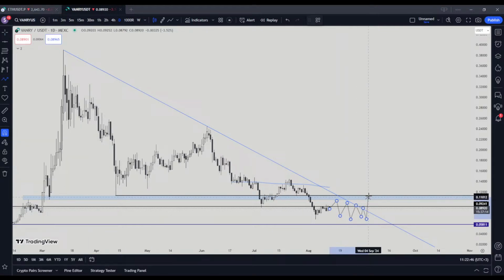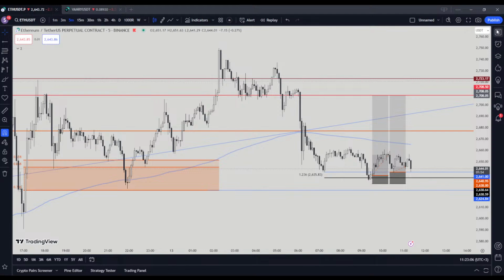Well, rejecting, fake out, dump again, and then you see the price forming a bottom and a nice W here. Usually the first try of breaking the trend line, it's a fake out and it's trapping a lot of people in their positions.